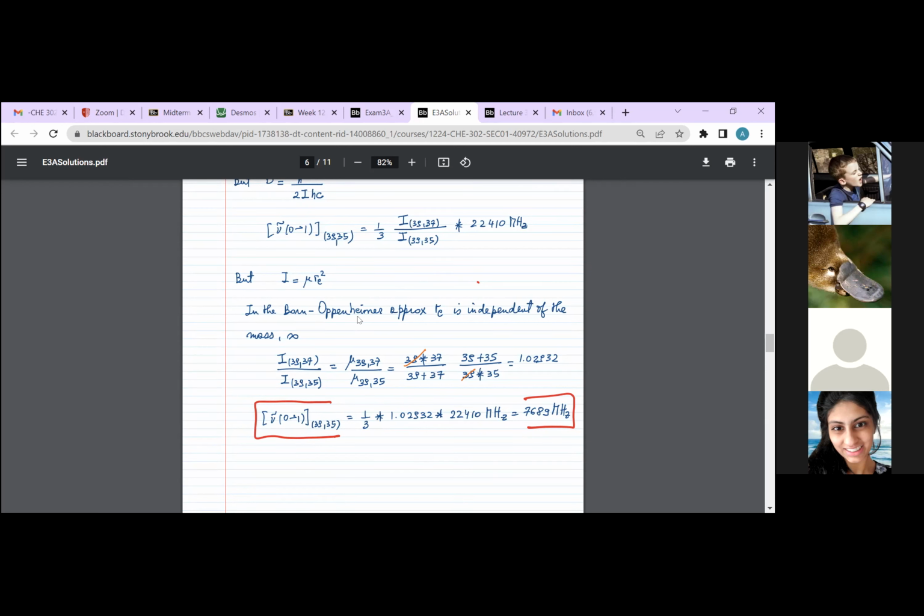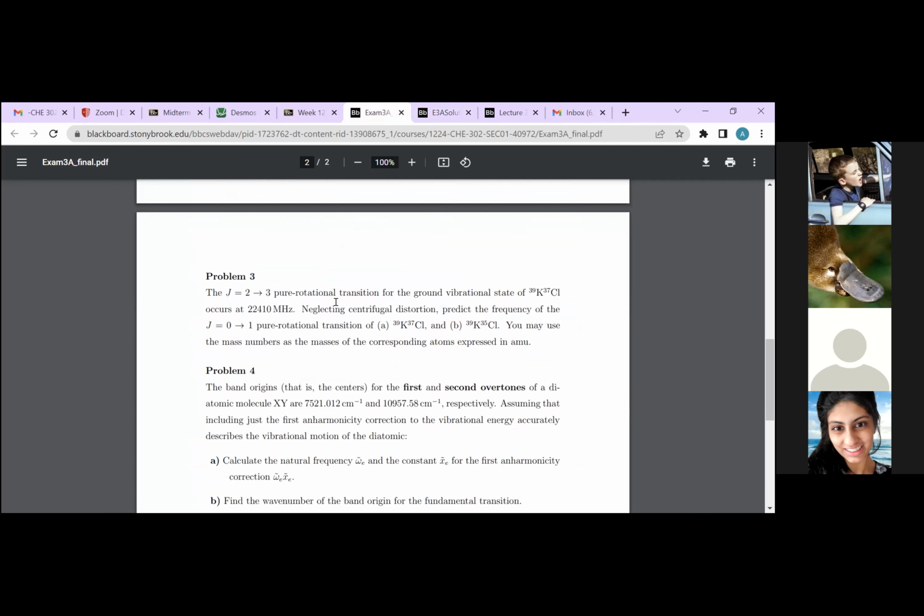But first I got B, let me go back to the question. I got B by using the 224 110, and then for the 2 3 I used the FJ equals J plus 1B. Yeah, for part A, right? That's how I got B. And then for part B, you know how B equals H bar squared over 2IHC?